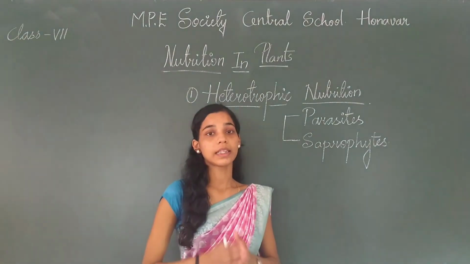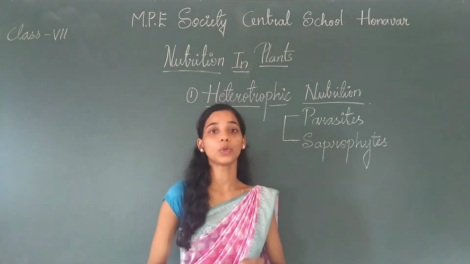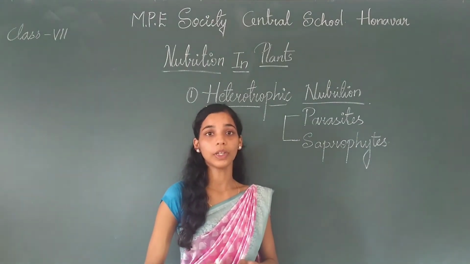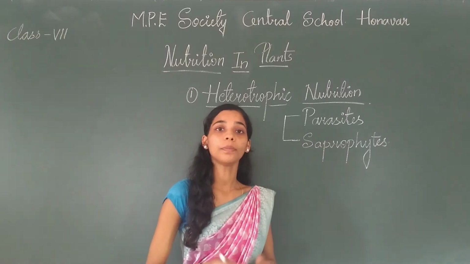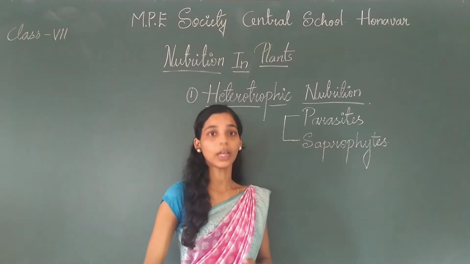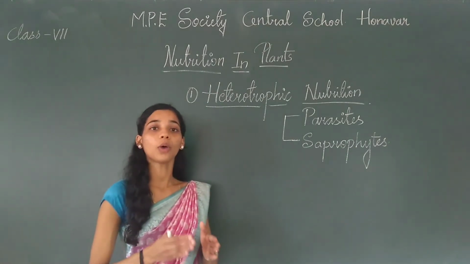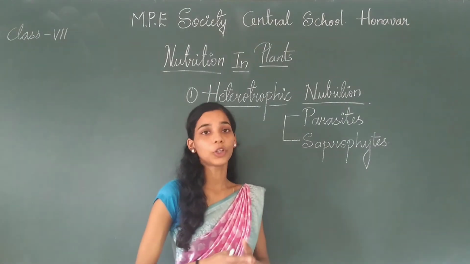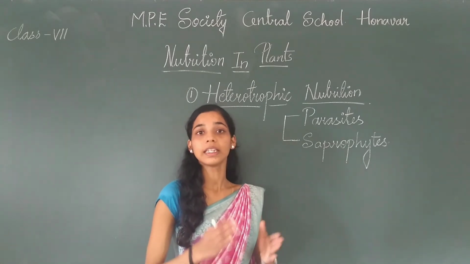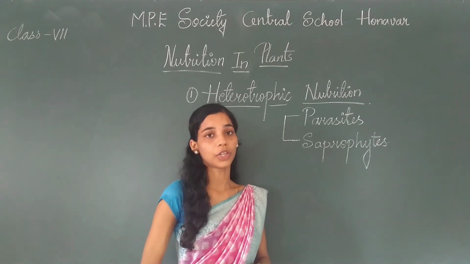Most plants have a green pigment called chlorophyll, and this chlorophyll helps the plant to prepare its own food, or to perform photosynthesis. So, the plants which have the chlorophyll pigment perform photosynthesis, that is, they have an autotrophic mode of nutrition.